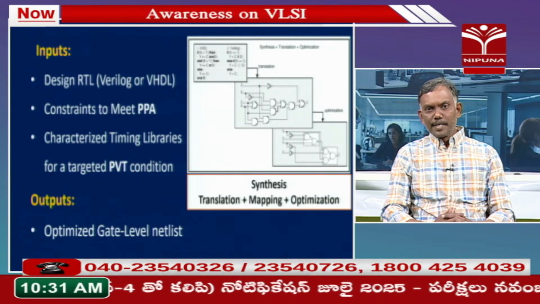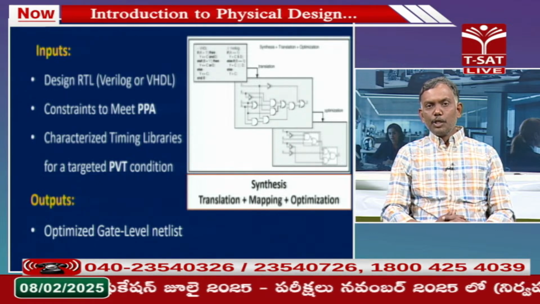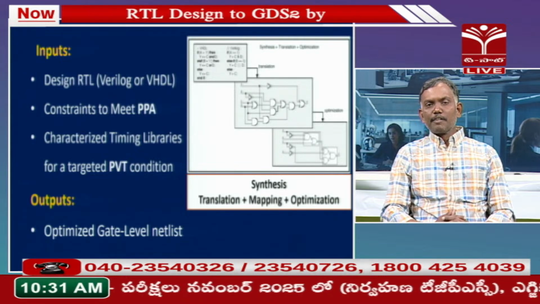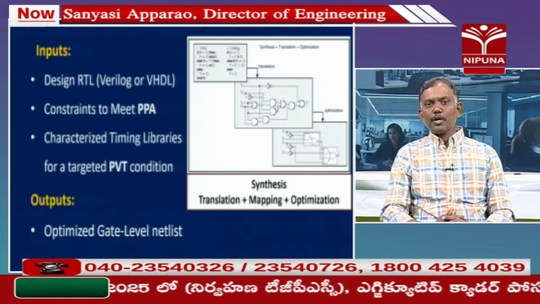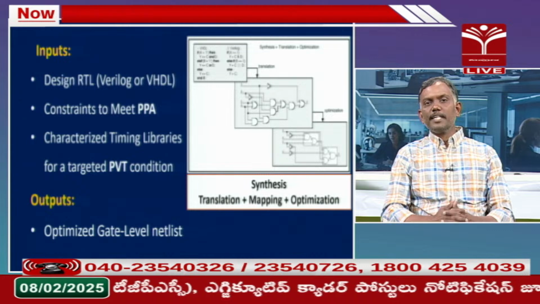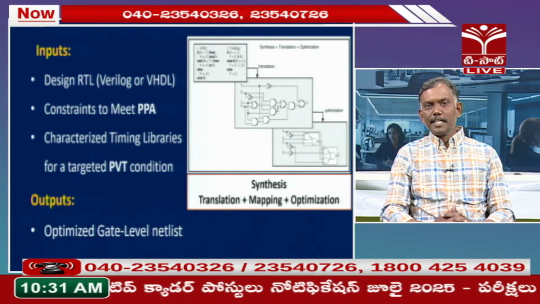Because of process, voltage and temperature variations, you will see more delay for any gate. Whatever gates you have in your design, all the gates will experience more delay. That is called the slow corner. Slow means more delays; your speed becomes slow because of the more delays.